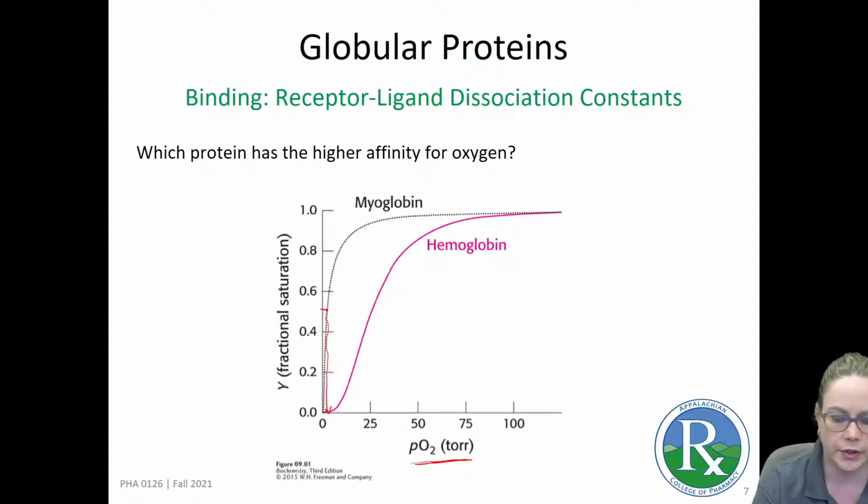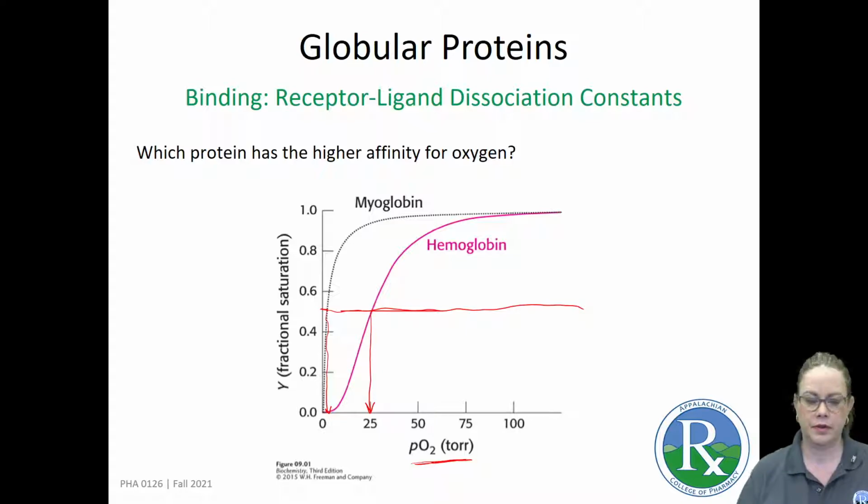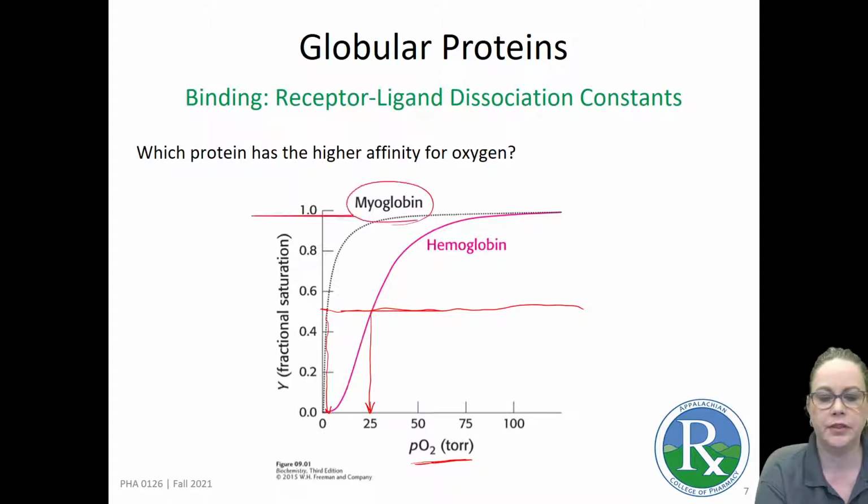In contrast, if we go across, so that's our 50% line, and drop down for hemoglobin, it is going to achieve a 50% saturation at a PO2 of 25 torr. So here what we'd say is clearly myoglobin has the higher affinity for oxygen because we need much less oxygen to get 50% of those sites bound.